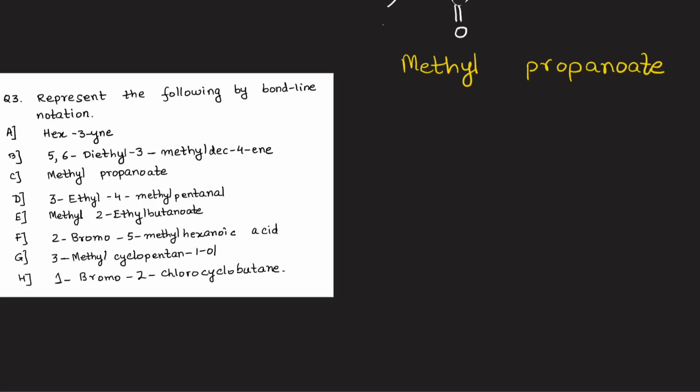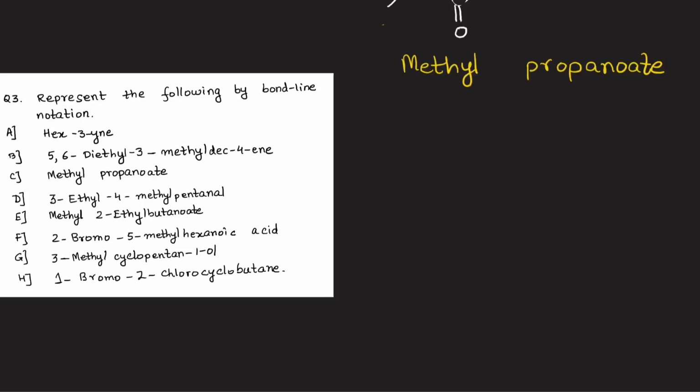Would you like to try the next one yourself before I go on to explain? Please pause the video, give it a try. It's 3-ethyl, 4-methyl, pentanal. Remember, the first line that you draw covers 2 carbon atoms of the chain.